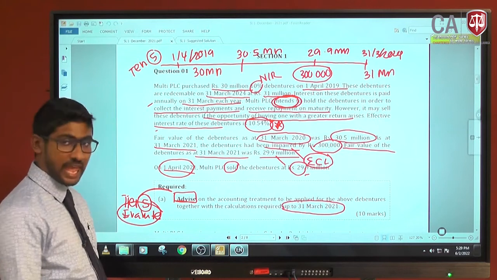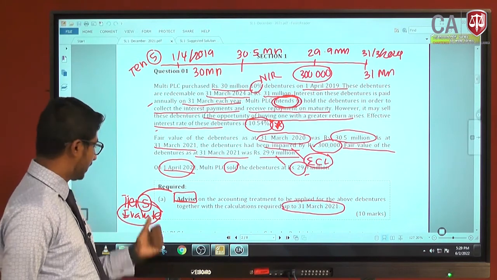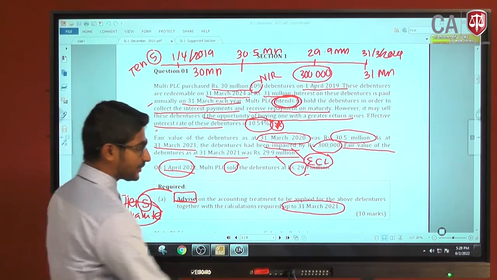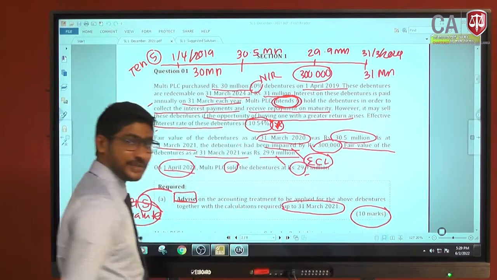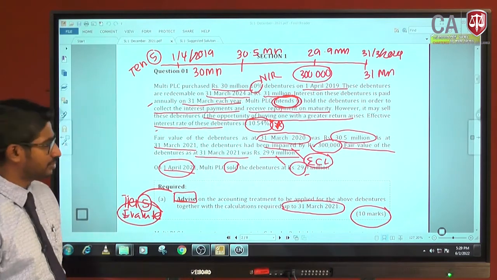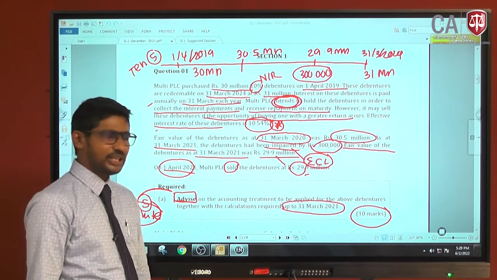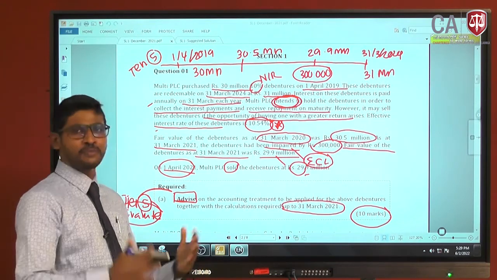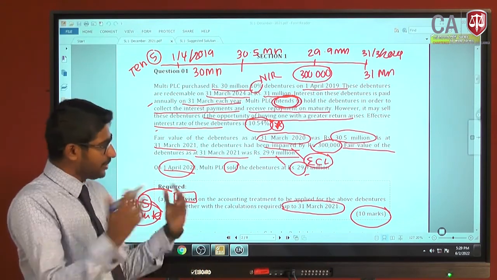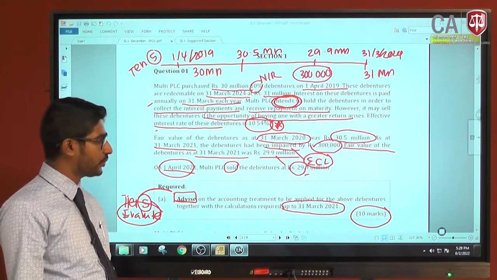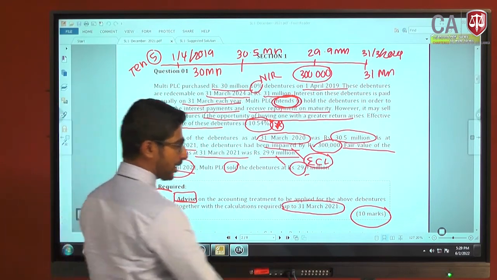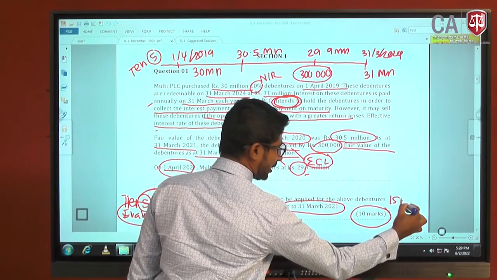For this particular question, one more thing you have to think about is the action verb and the marks allocated. Why is it important? Most of the time, students don't know how much to write and how much time to take for this kind of question. Let's say 10 marks, you can take about 15 minutes.